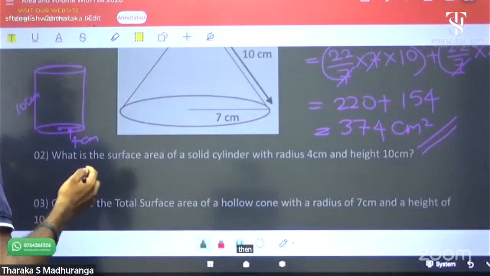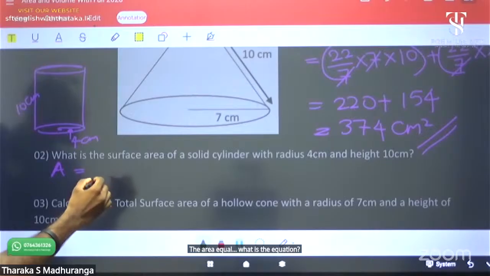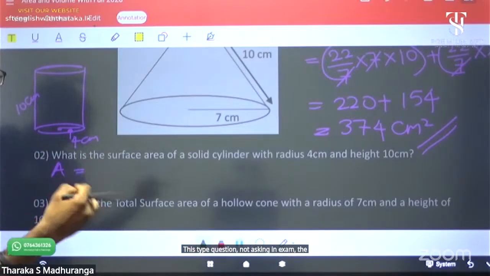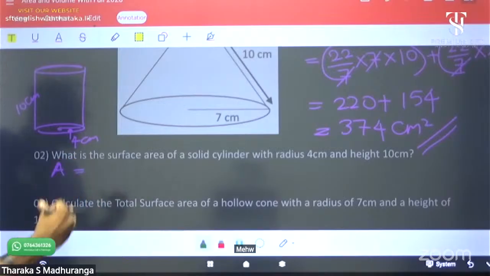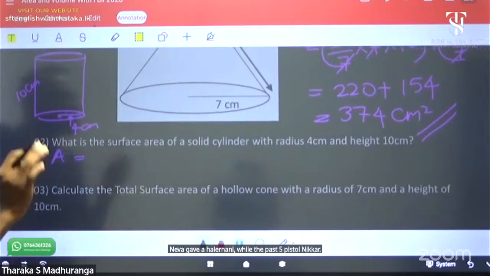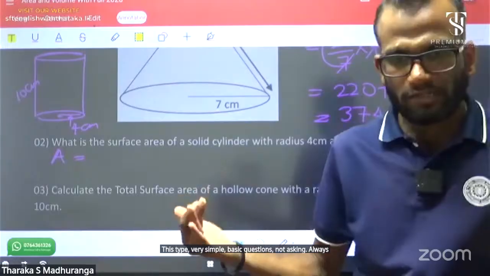Then the area equal, what is the equation? This type of question is not asked in the exam. The purpose is to practice equations, right? You saw in past papers that this type of very simple basic question is not asked. Always application questions are asked.